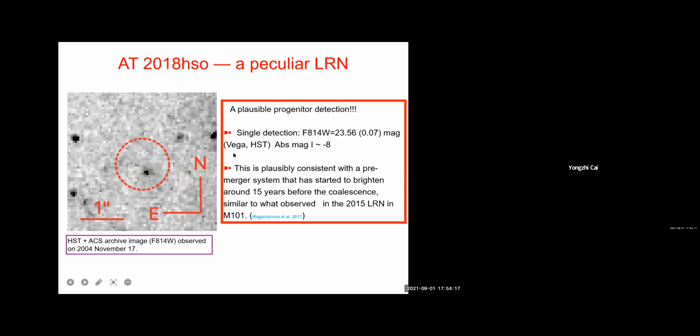There is only a single detection in this band, with an absolute I-band magnitude of about -8 magnitude. This is consistent with another luminous nova in M101.